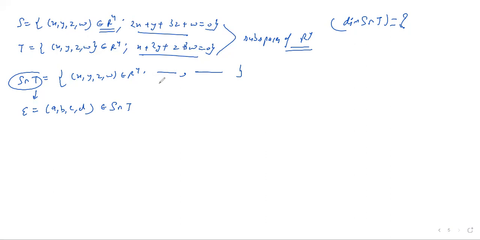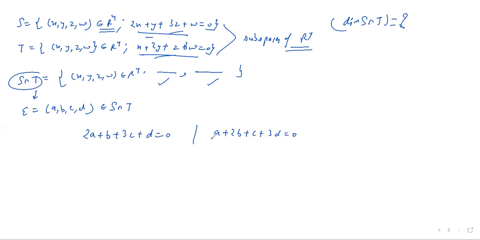In this intersection we have to apply both conditions. So we can represent this vector E in these conditions: 2a plus b plus 3c plus d equals 0, and a plus 2b plus c plus 3d equals 0.